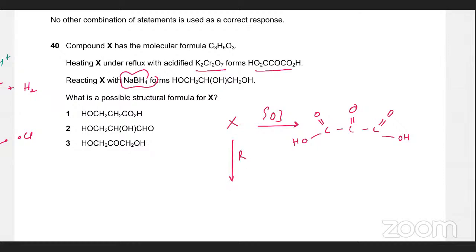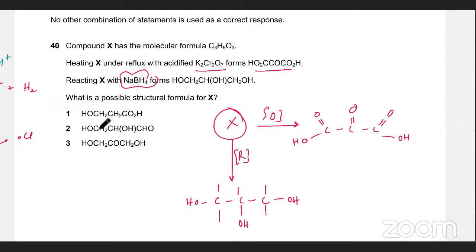And when you try to reduce X, you get this thing. It's again 3 carbon atoms. The first one is an alcohol. The second one is also an alcohol. And the third one is also an alcohol. The rest are H.